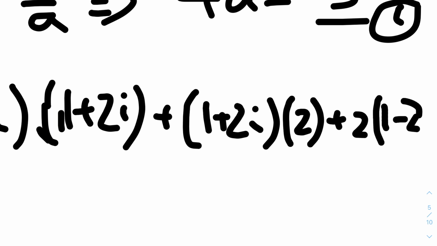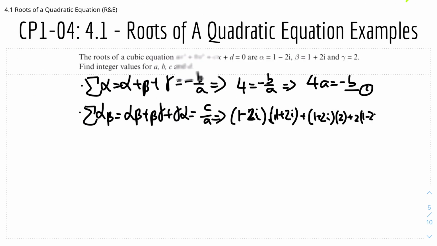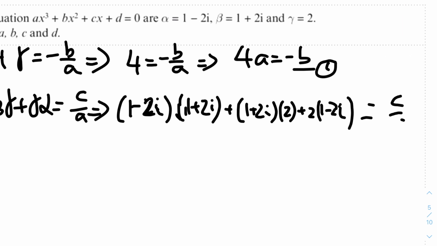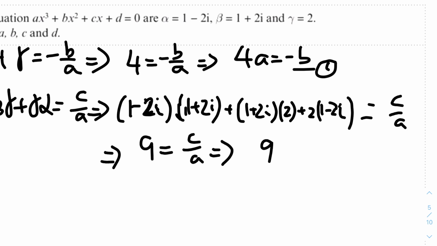So it's a really long process, so you just have to be patient in solving these kinds of questions. This will be equal to c over a. Just expand the brackets and simplify, and you'll get 9 equals c over a, and therefore 9a equals c for part 2.